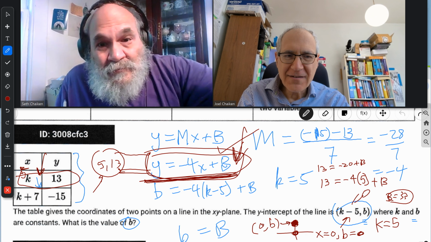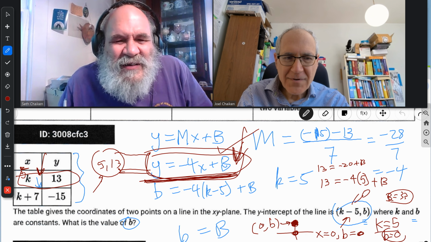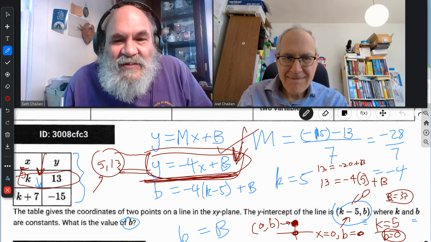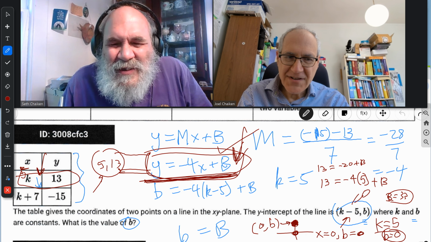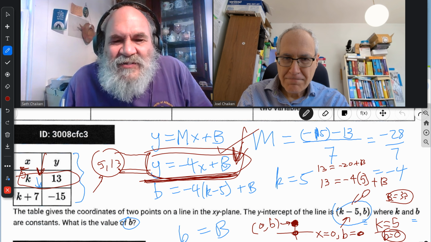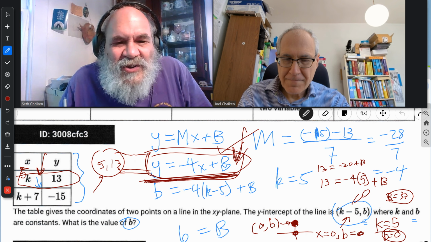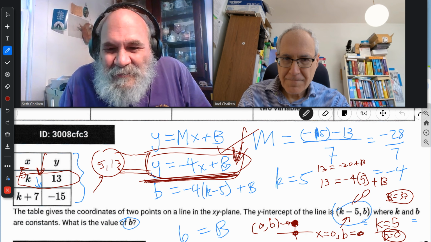K is 5. B is the y, so the y-intercept is what they said, k minus 5 and b. We just need to know the y-intercept. So we can conclude from this, since the y-intercept has first coordinate of 0, that k equals 5.